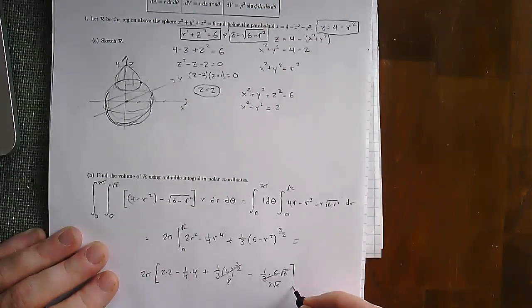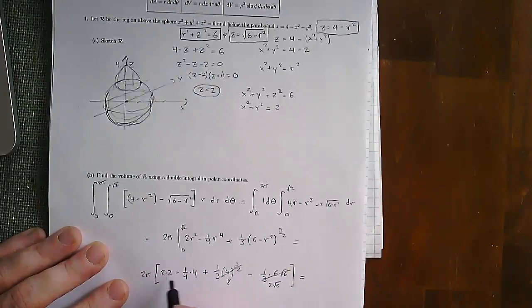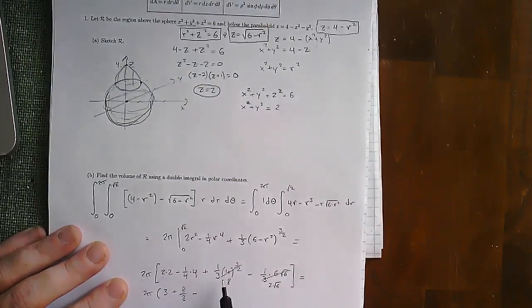Okay. All right, so let's see. We have 4 minus 1 is 3. So 2 pi times 3 plus 8/3 minus, let's see, is that right? Yeah, minus 2 root 6. And then finally, I'll write all this in terms of thirds.